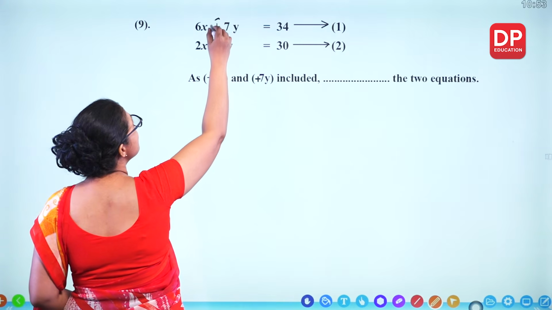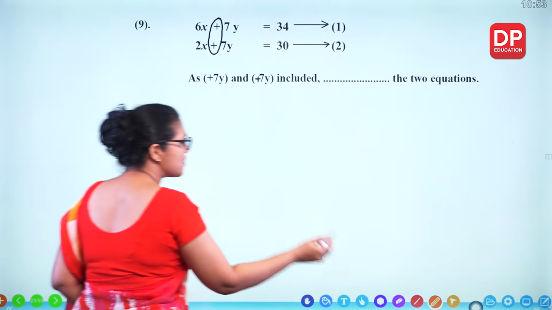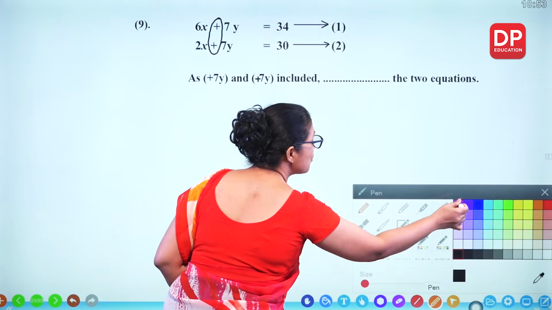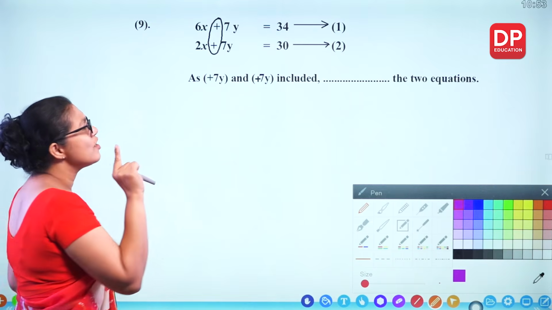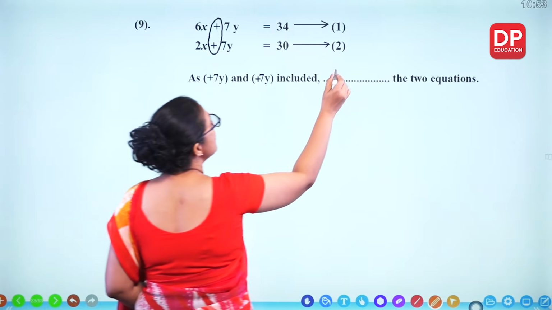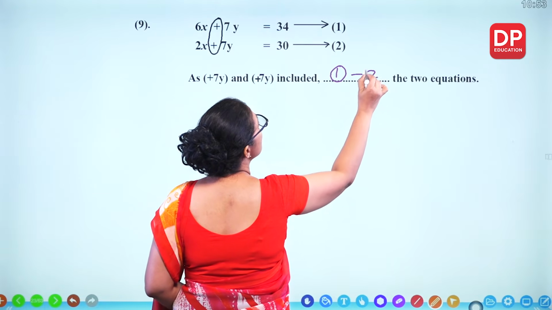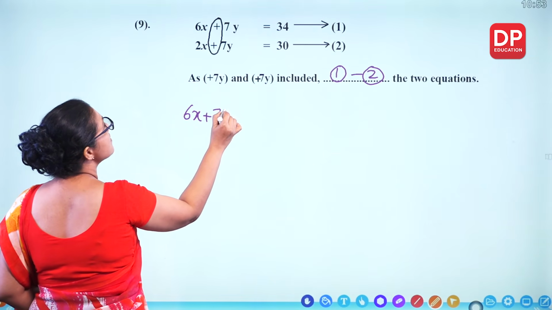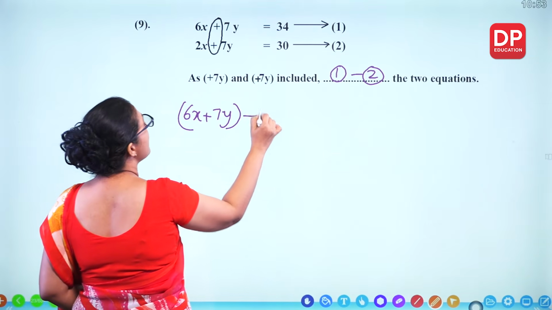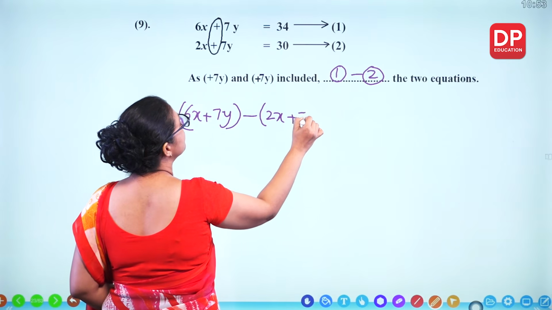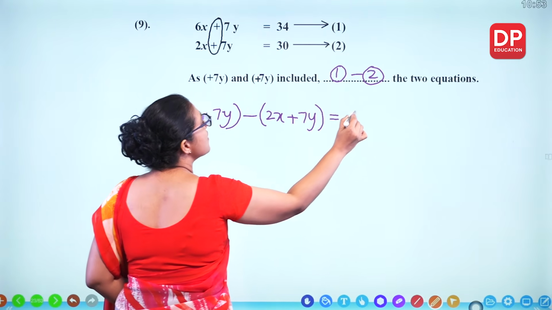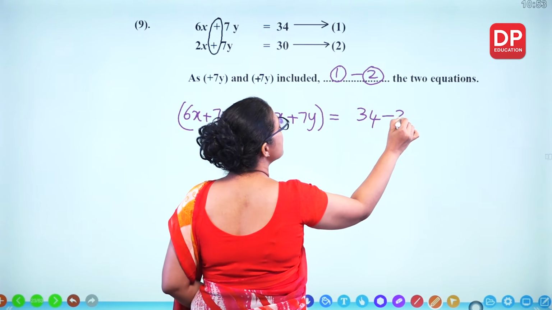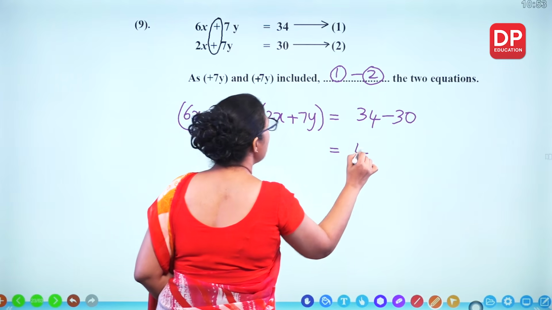Look at this question here. Same coefficient, this is plus. So plus means you have to subtract the two equations. So we can subtract the two equations. First one is this, subtract the second one. 34 minus 30, so you get 4 here.